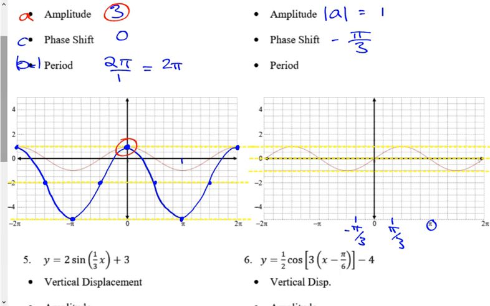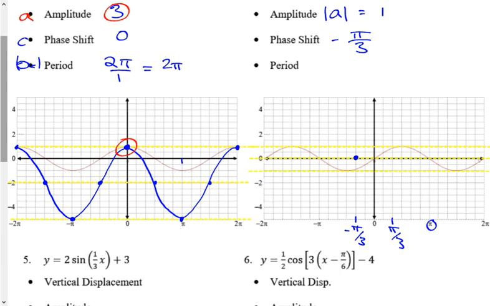So then I can plot my starting point. My sine graph started at the origin, but now that I have this phase shift, negative pi by 3, that's my new starting point for the graph. So I have a minimum, I have a maximum, I have a starting point.